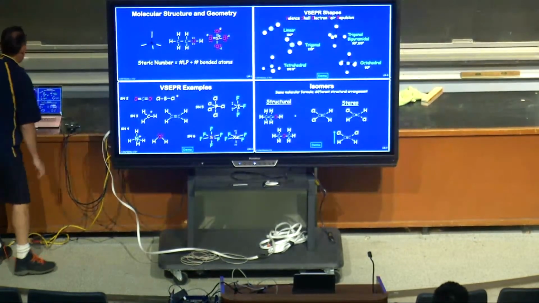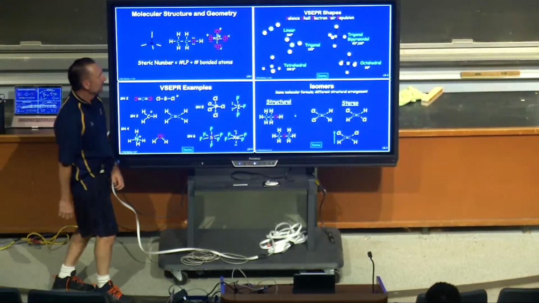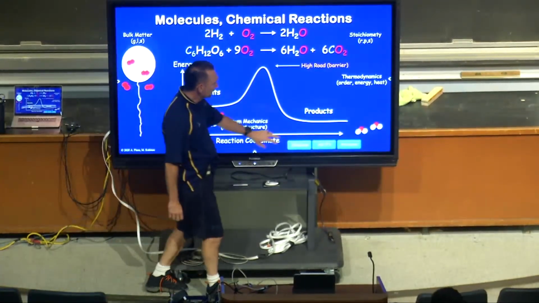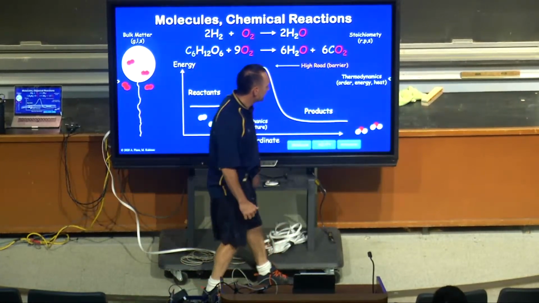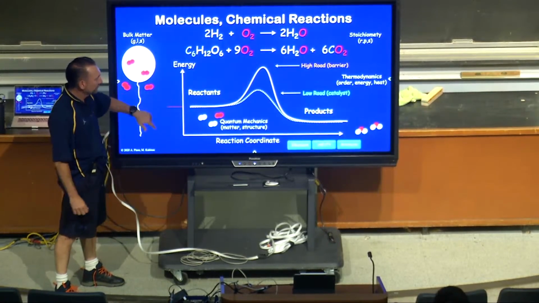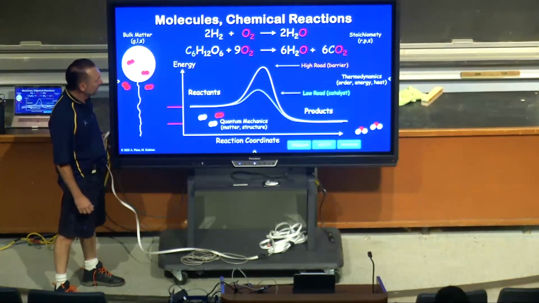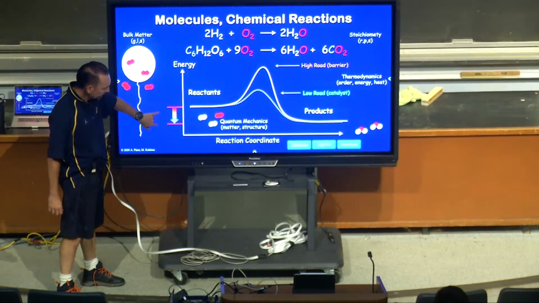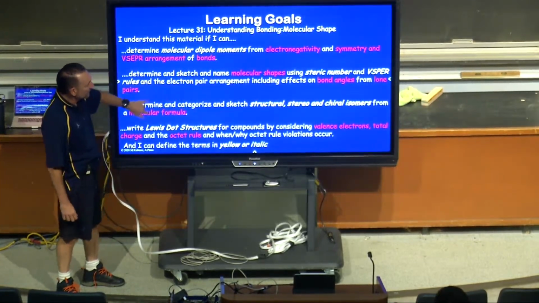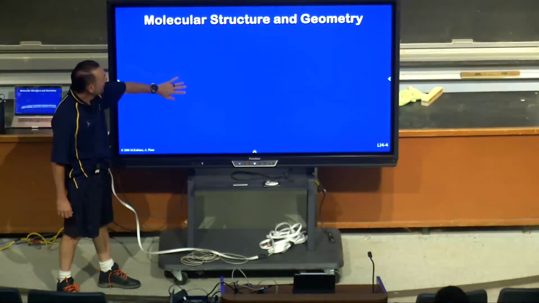We've kind of ignored exactly how they are arranged, so let's look at how they're arranged. Now we're really looking at details of the molecular structure in our roadmap of chemistry. And these are the kind of things we need to understand about that. That's what you'll be tested on.